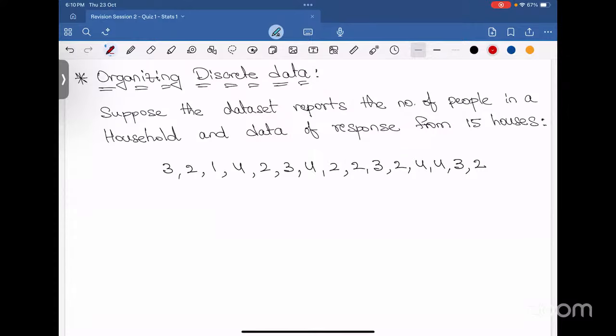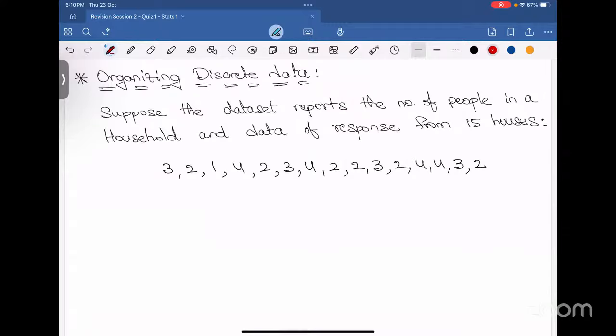Suppose the data set reports the number of people living in a household, and data of responses from 15 houses are given to us. So 3, 2, 1. This 3 is the first house, so there are 3 people living in that. Now, how do I construct the frequency table and how do I compute the relative frequency?